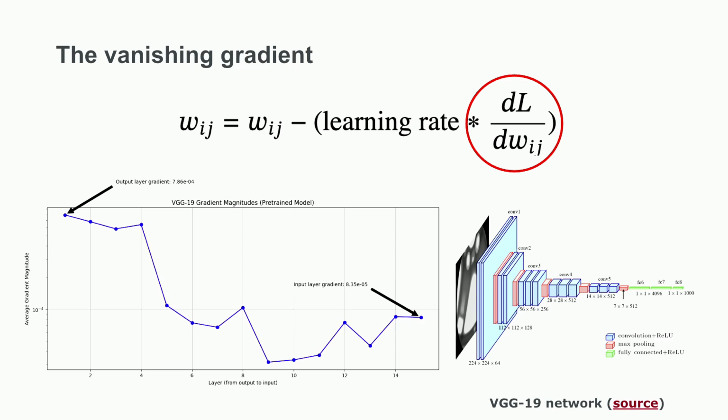Each layer in the deep network compounds the problem, making gradients progressively smaller as they flow backward. This is going to cause some numerical instability issues that prevent the deep networks from learning effectively. And the architectural solution that we have found that solves this problem most straightforwardly is a skip connection.